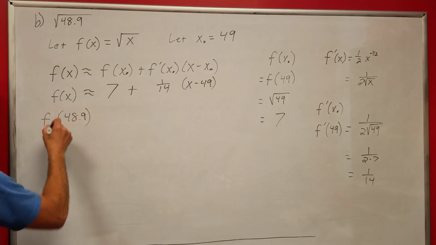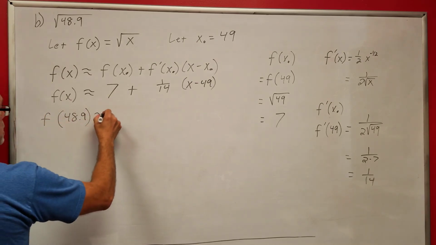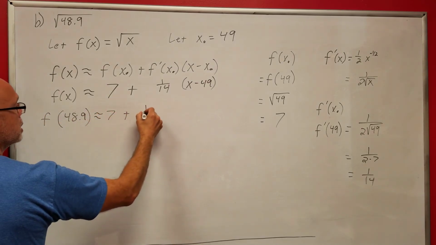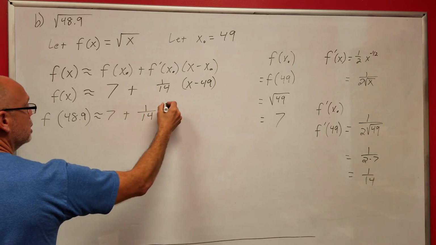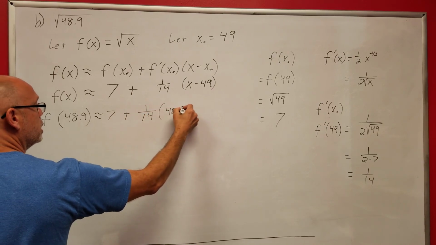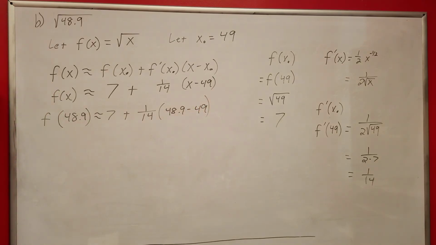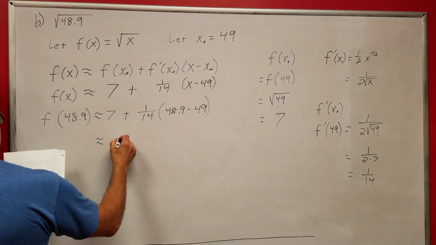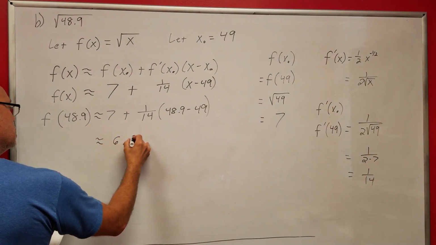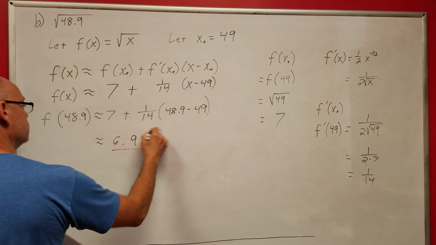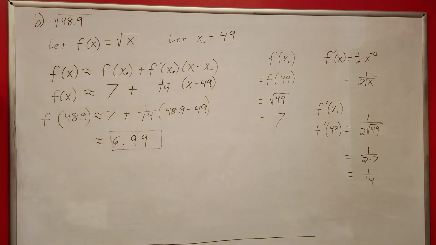So f of 48.9 is approximately 7 plus 1 over 14 times 48.9 minus 49. And if we end up calculating that, we get about 6.99. There we go, that's local linear approximation.